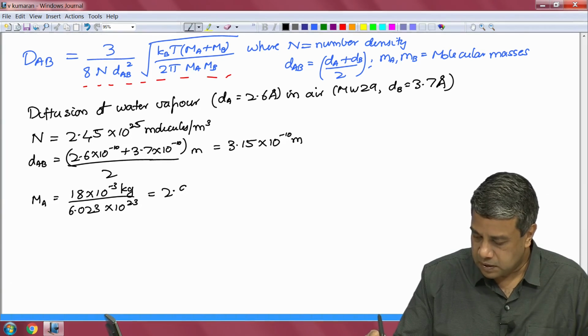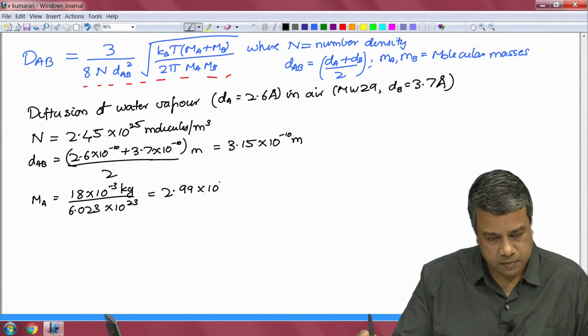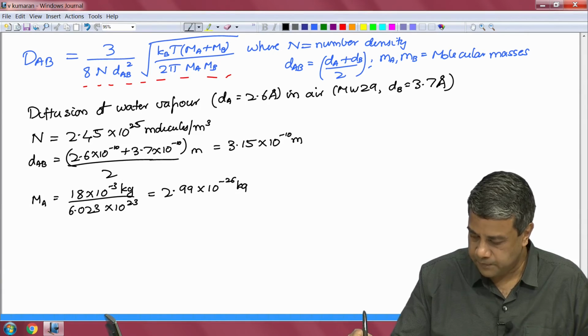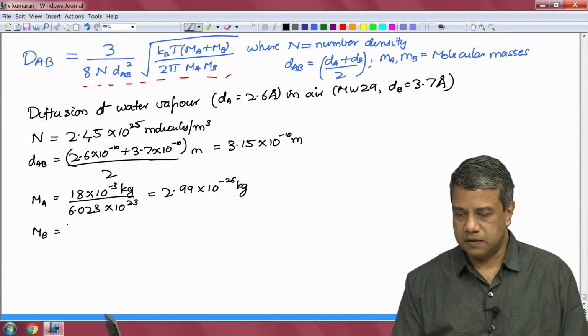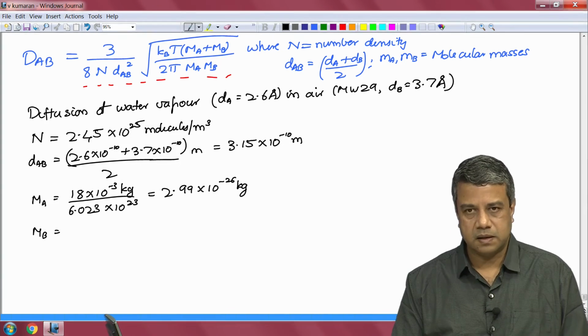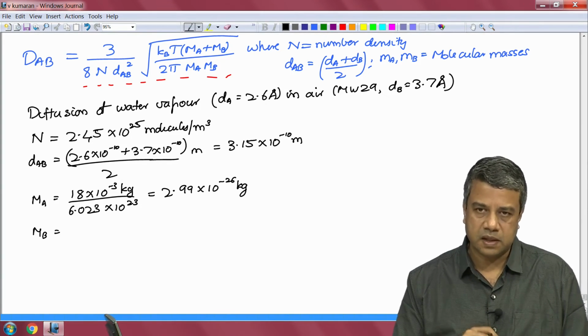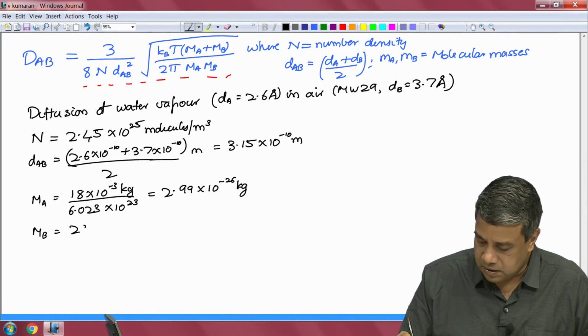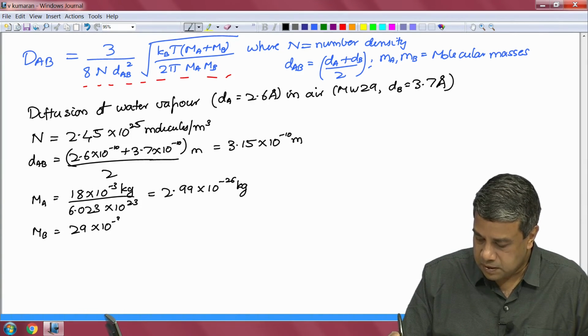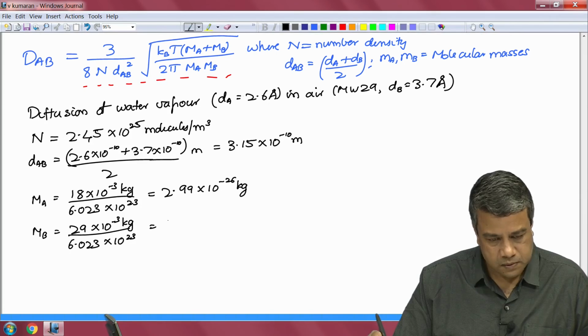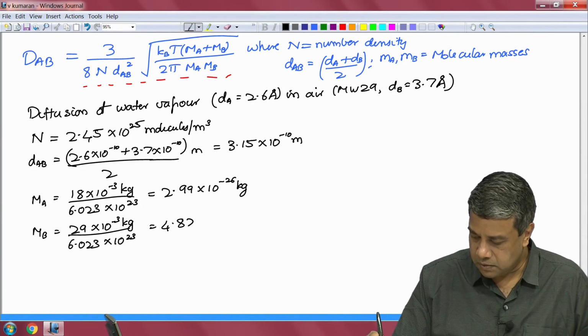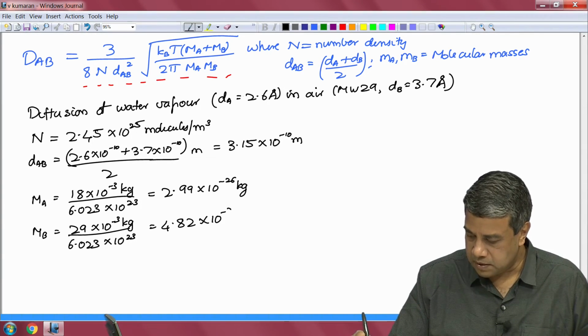This is 2.99 into 10 power minus 26 kg. The molecular weight of air, approximately 29, between 28 and 32 for nitrogen and oxygen, gives 29 into 10 power minus 3 kg by 6.023 into 10 power 23, which is equal to 4.82 into 10 power minus 26 kg.